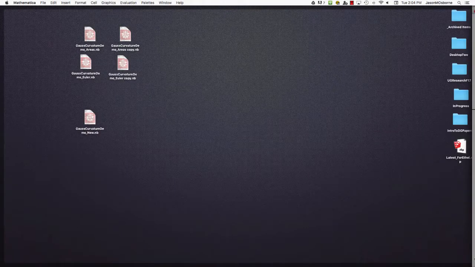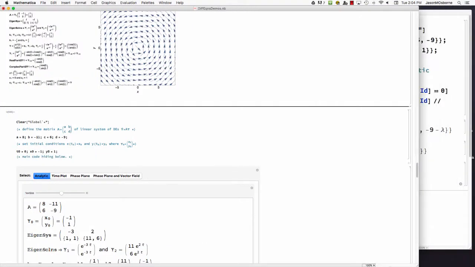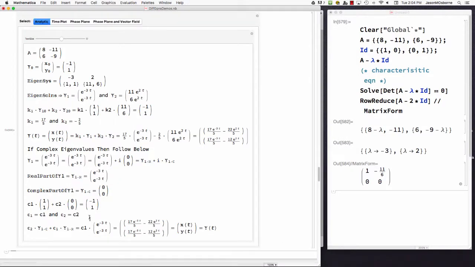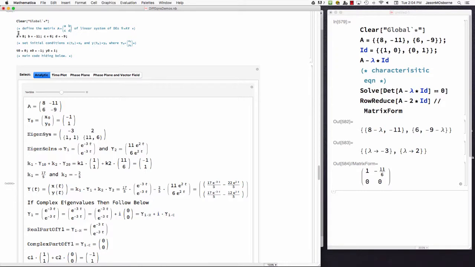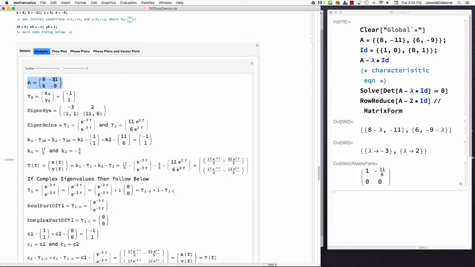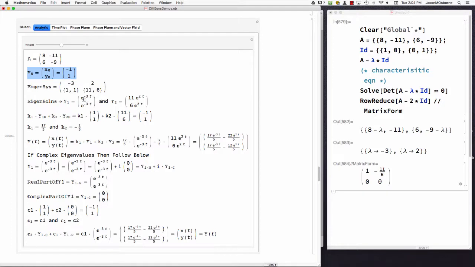Let me show you the code that we have here to double check your work. You put the matrix into the differential equations demo, the matrix and some initial condition. Here's your matrix A. Here is your initial condition vector. And the first step was to compute the eigensystem.